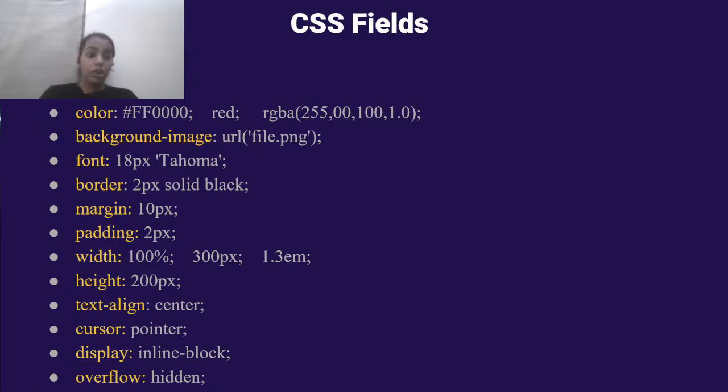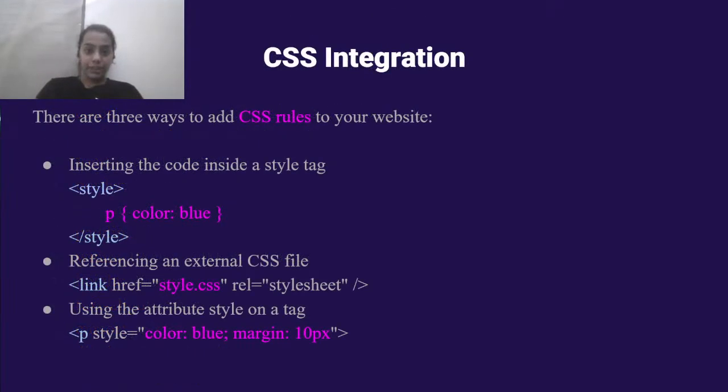As you can see, you can choose width from multiple options. You have multiple units you can use, percentage, pixels to em. Next we have text alignment. Where do we want the text in a particular section, particular div? Then cursor, display, and overflow are some other fields.